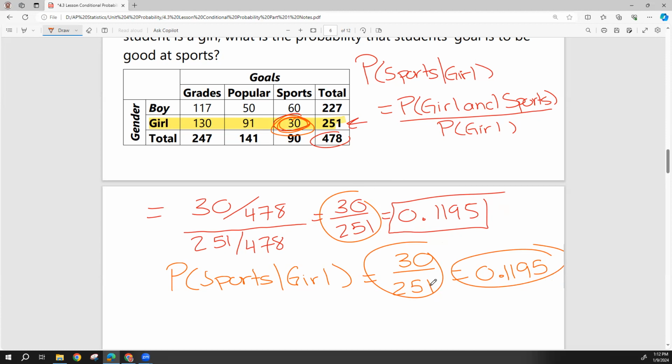But if we're given a table, we can use that method, or we can use the formula method. If for some reason we don't remember that we can do that, this formula will work every time. We found the girls that also like sports, divide by the total number of students. There are a total number of 251 girls divided by the whole number of students, and we can still get our probability.